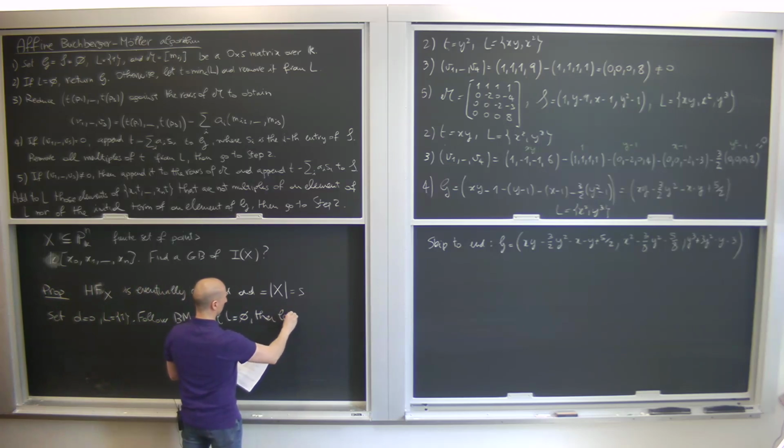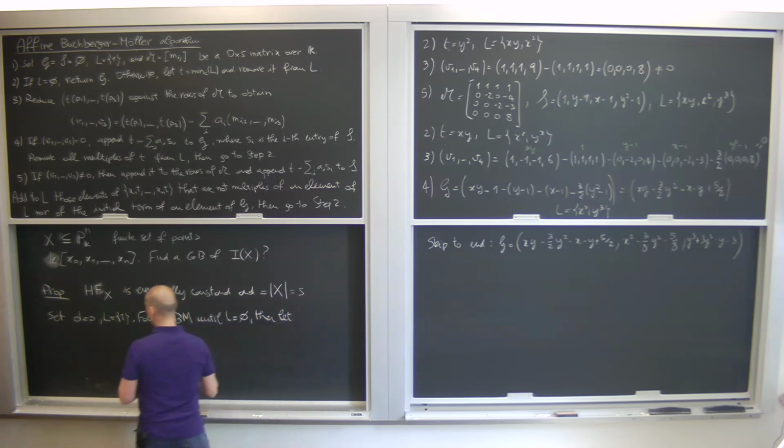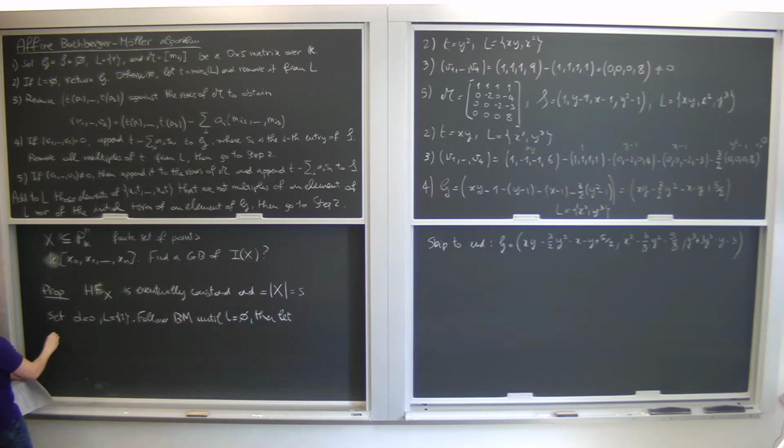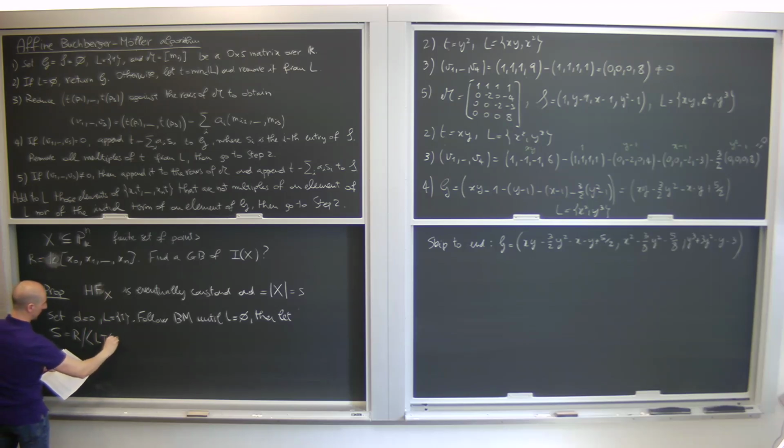Then let S, I was using the notation in the book, so this is not a curly S, be our polynomial ring R modulo the ideal generated by the leading terms of the Gröbner basis that you're constructing. So it might not be the final answer just yet.